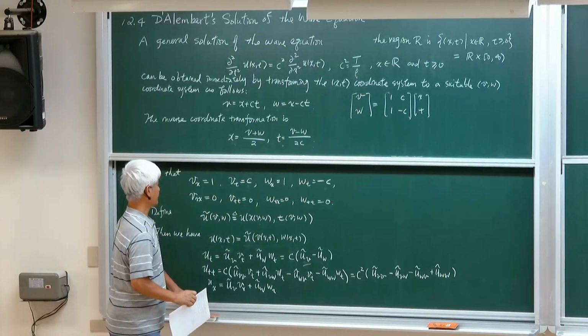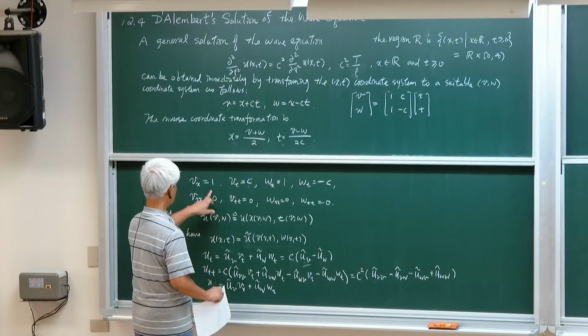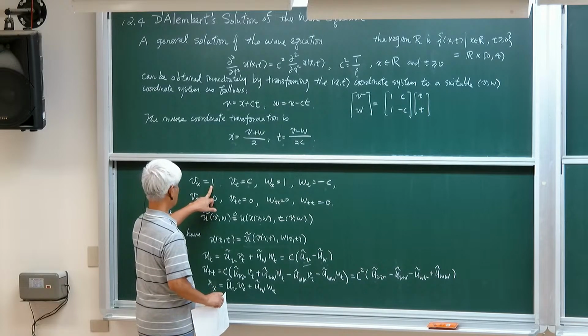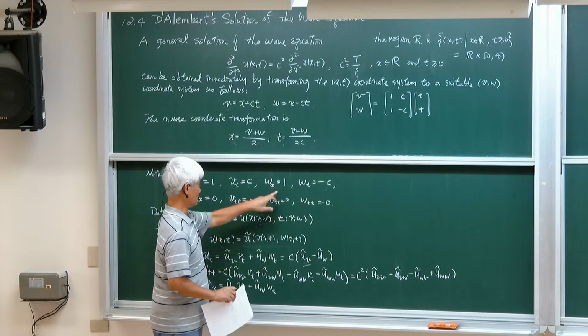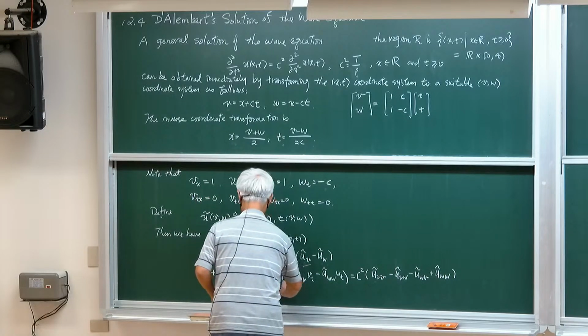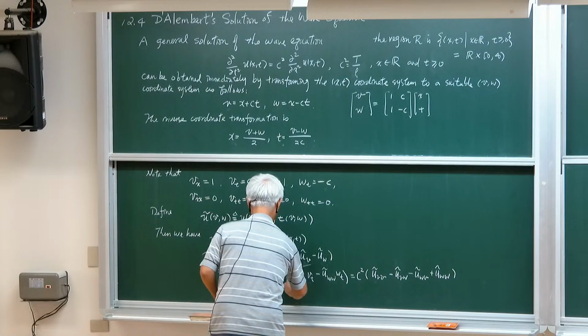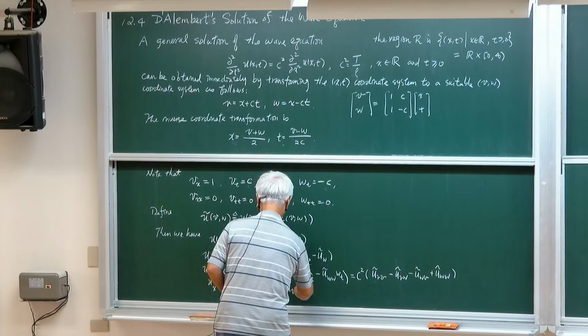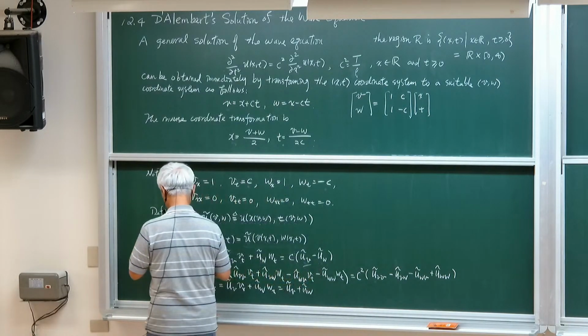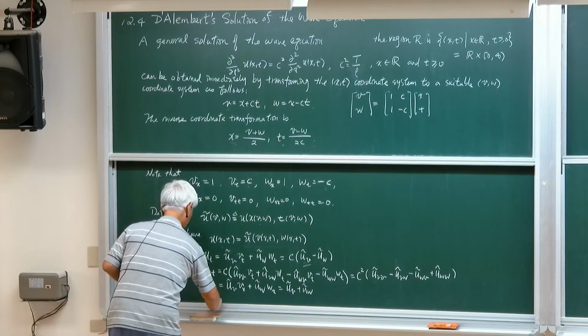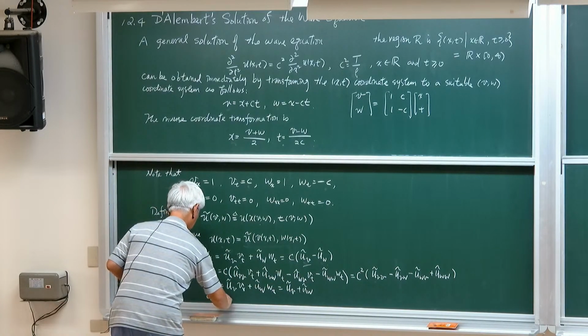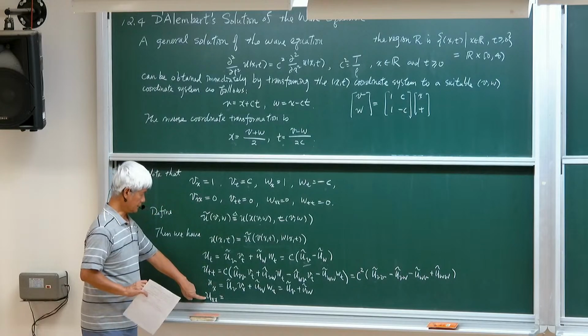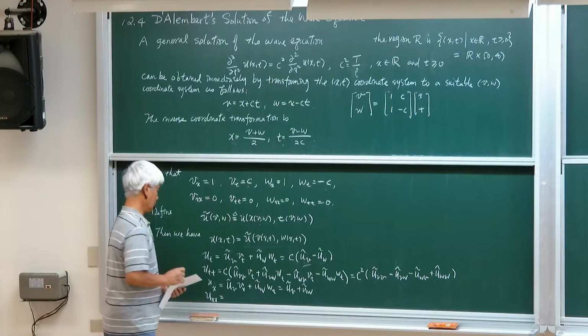Now Vx is 1, and Wx is 1. So we have here u tilde sub V plus u tilde sub W. Okay, and finally, the second order partial derivative with respect to x.